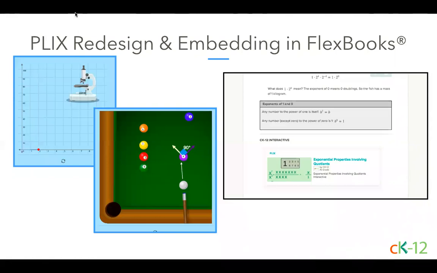That is not a feature that is user-facing at this point in time, although we are talking about options to give you access to the embed codes so that you could do the same. But right now, you'll start seeing those in some of our newest FlexBooks as we actually embed the content directly in that FlexBook for our PLIX. And I'll be talking a little bit more about other interactives in our FlexBooks when we get to our Common Core books.